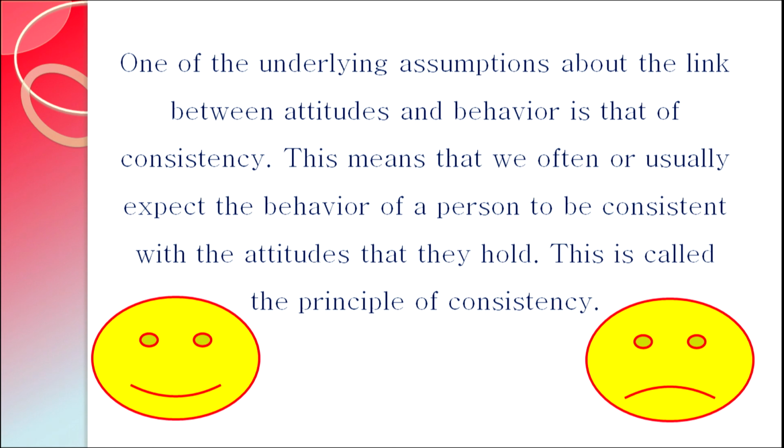One of the underlying assumptions about the link between attitudes and behavior is that of consistency. This means that we often or usually expect the behavior of a person to be consistent with the attitudes that they hold, and this is called the principle of consistency, that is, how consistent we are in holding a particular attitude towards others.